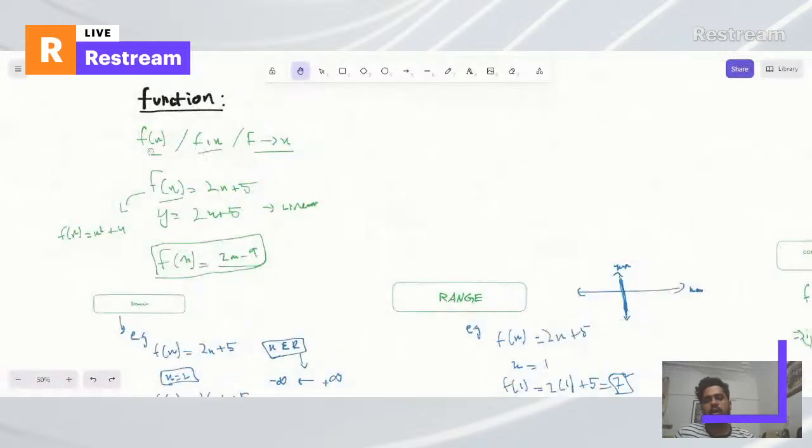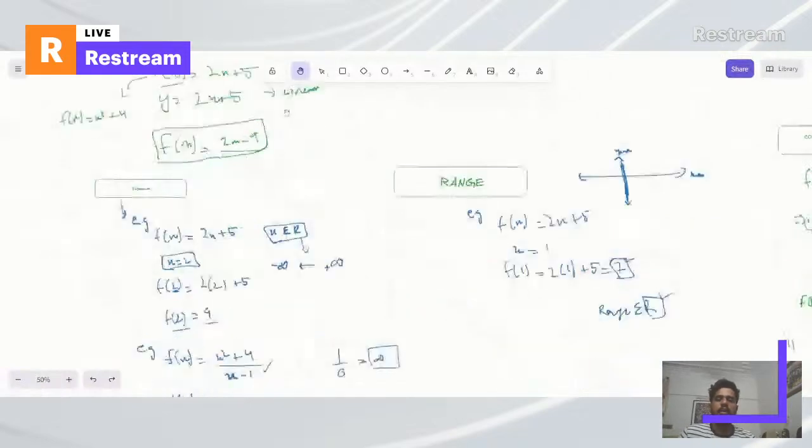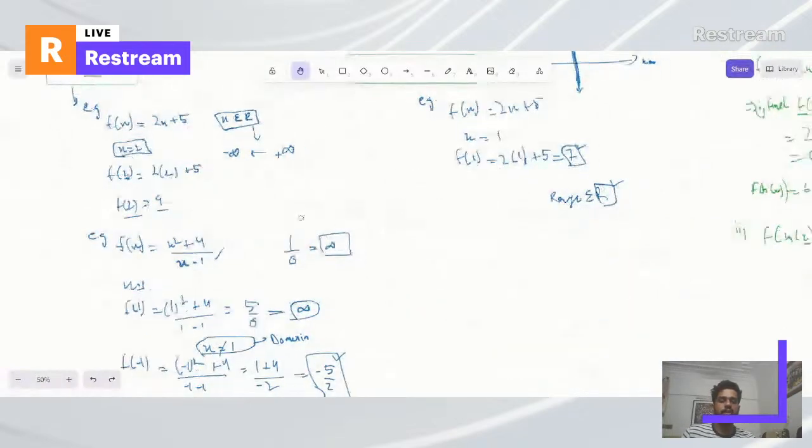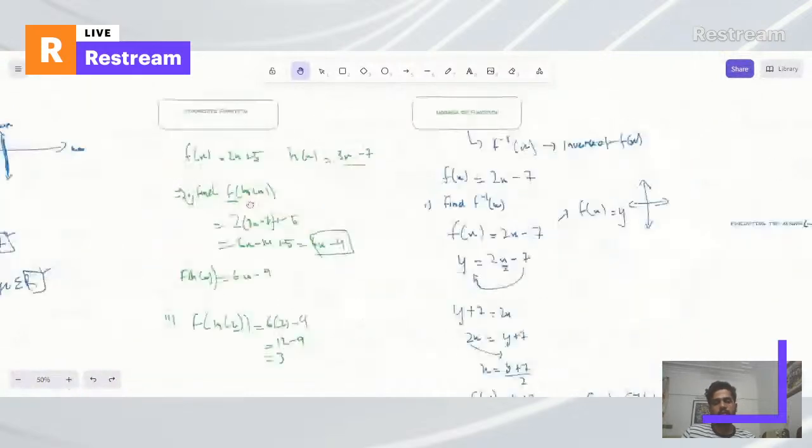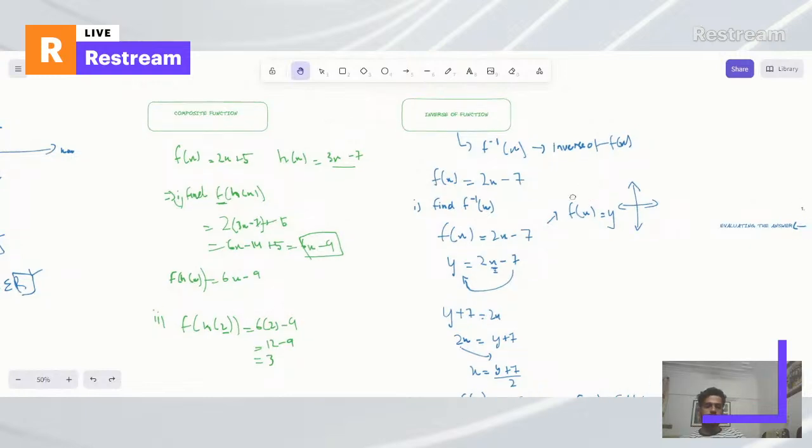We learned how to denote a function, right? What are domains, what are ranges. We talked a little bit about how to find a composite function, which was our primary focus today. And then we talked about how to find an inverse of a function.